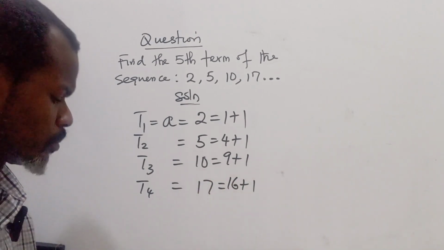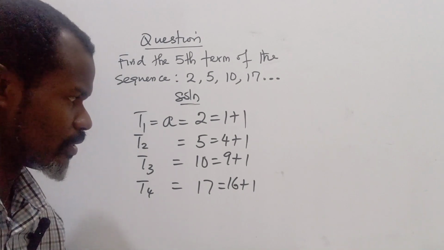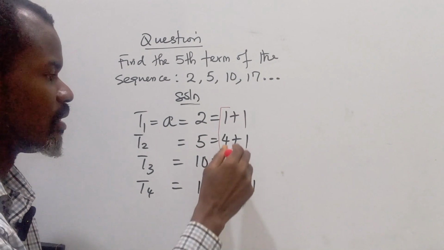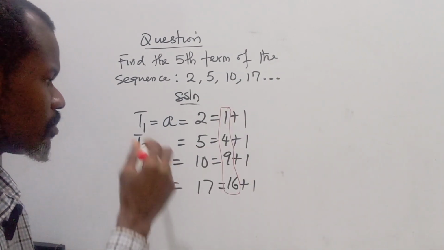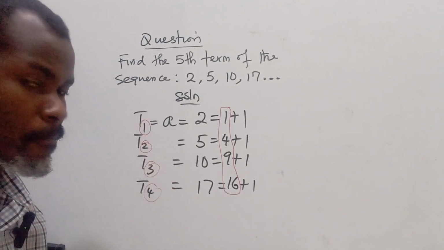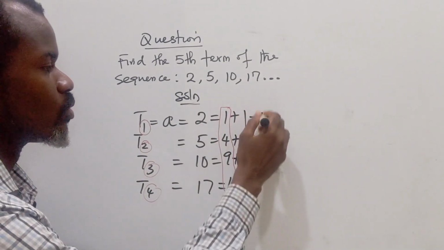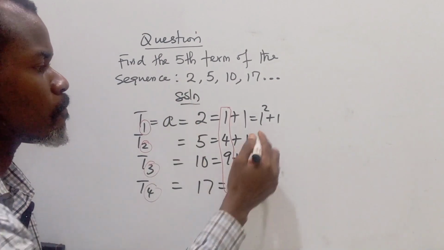So what can we observe from what we have on the board? We can see that all these are simply the squares of these numbers. So I can simply say this means 1 squared plus 1, which gives me 2.